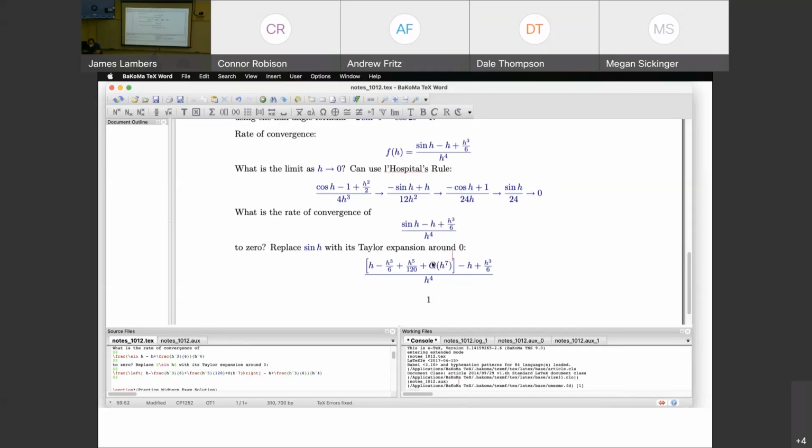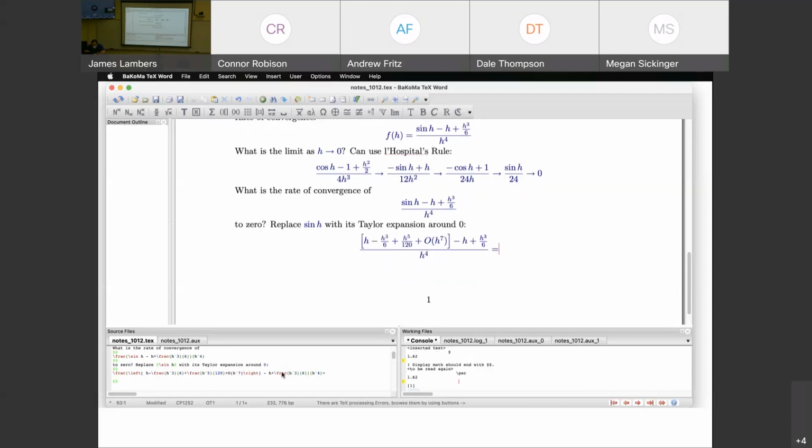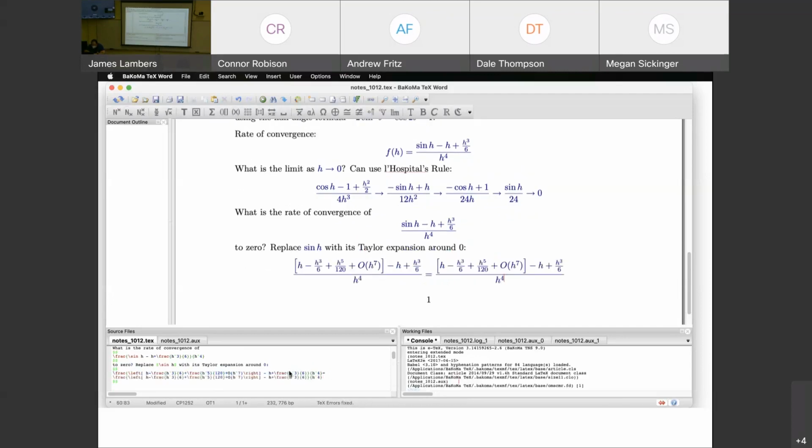This expansion goes on forever, but everything past this point is order h to the 7th. Now, any terms that cancel out, we can go ahead and do that. There's not much left, so let's cancel what can be canceled.